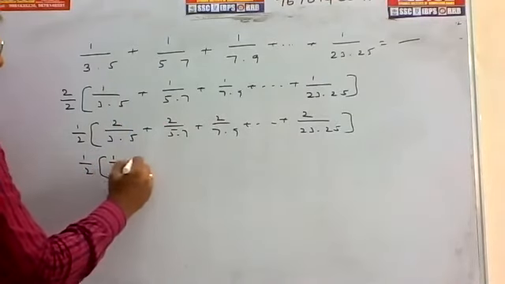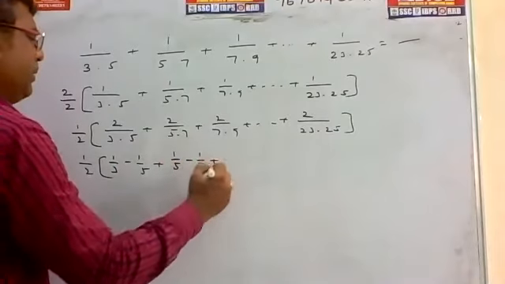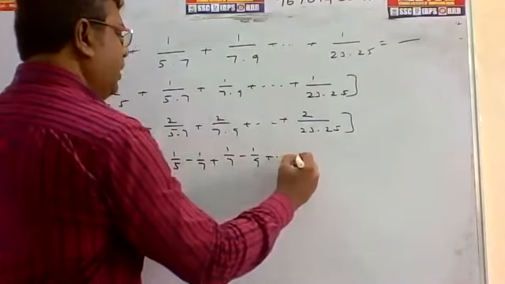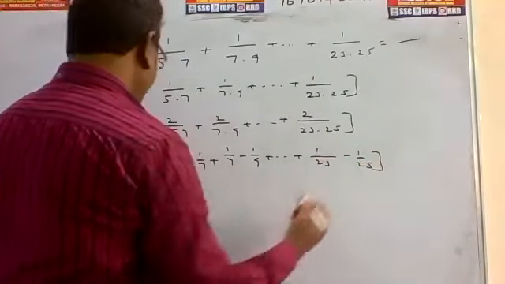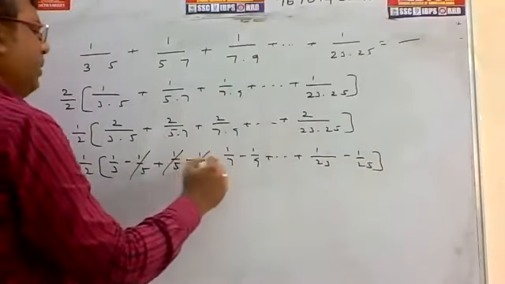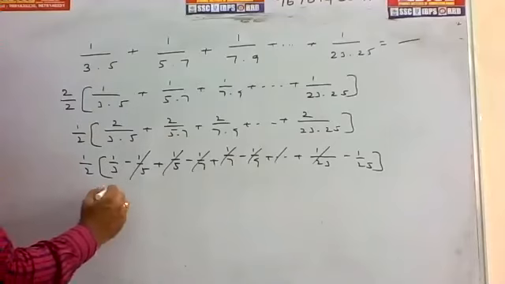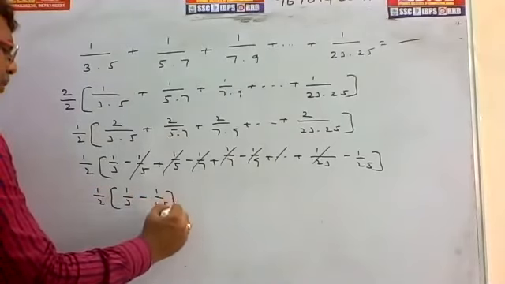So 1 by 3 minus 1 by 5 plus 1 by 5 minus 1 by 7 plus 1 by 7 minus 1 by 9 plus so on, 1 by 23 minus 1 by 25. So 1 by 5, 1 by 7 and so on, the middle terms cancel. So it becomes 1 by 2 into 1 by 3 minus 1 by 25.